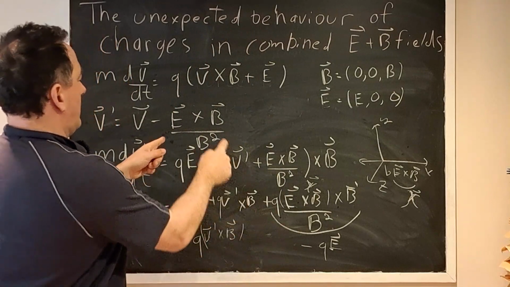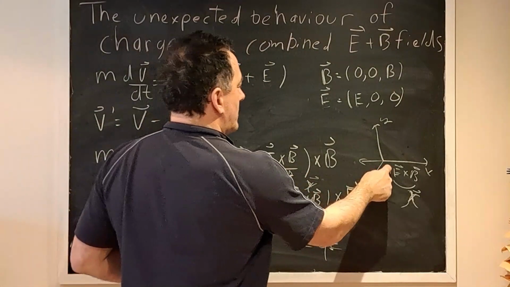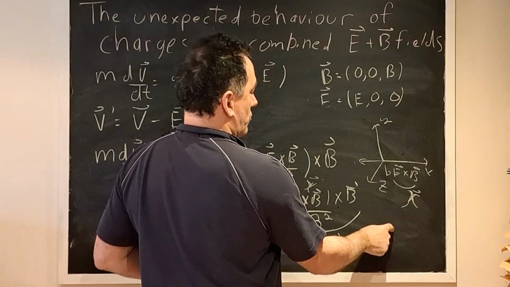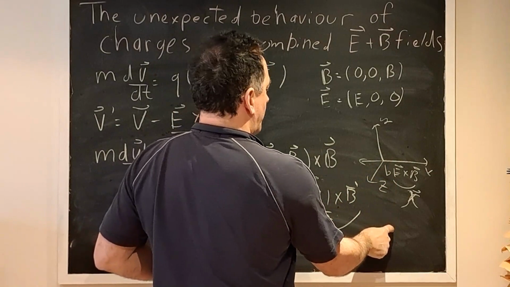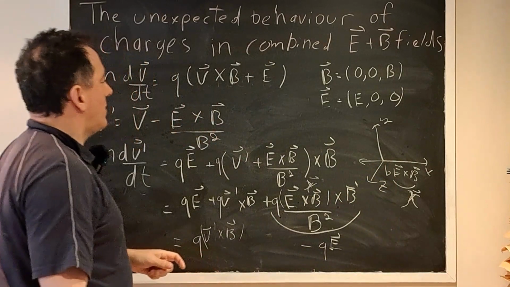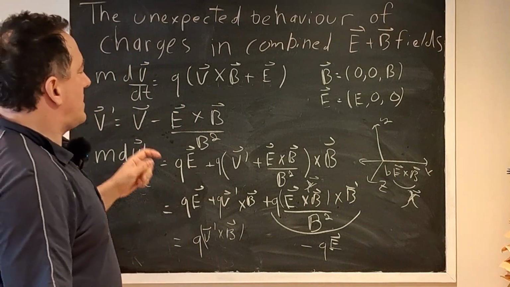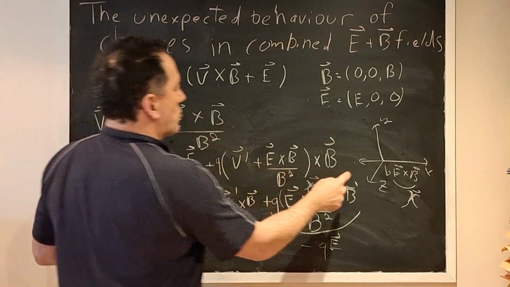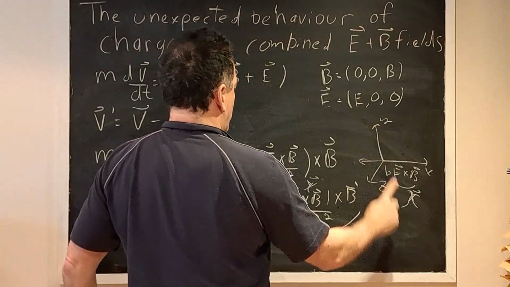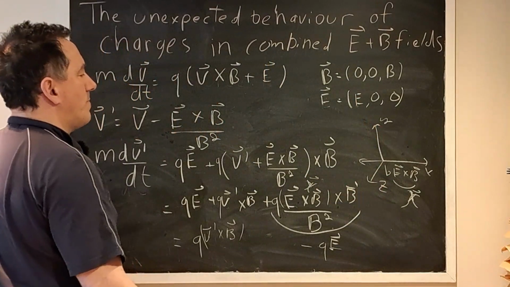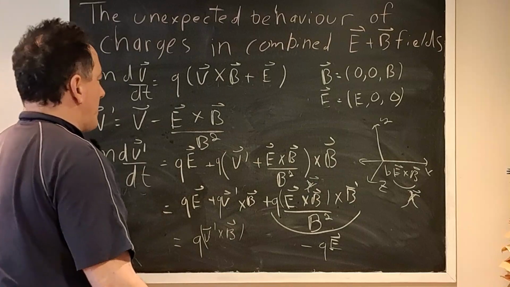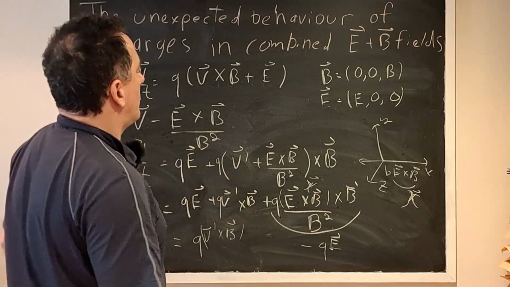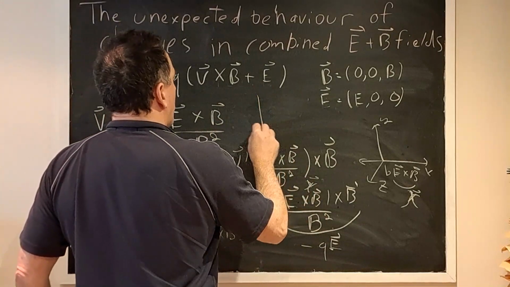We've seen that E cross B over B squared is moving in the minus y direction. So this is the equivalent of having minus E cross B over B squared moving in the plus direction. And that means that the movement of our particle will be like this.